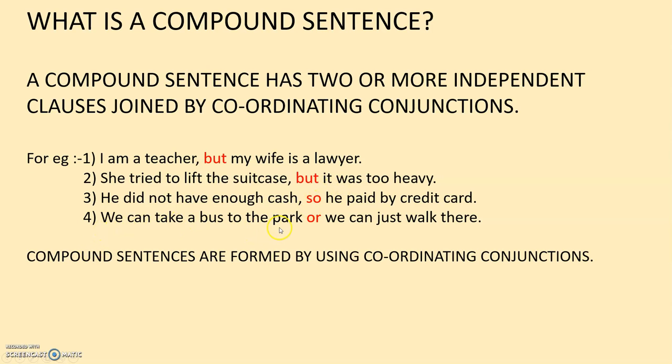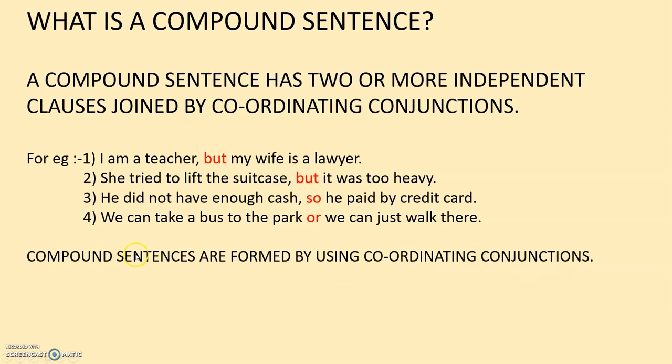We can take a bus to the park. It makes sense? Yes, independent. Or we can just walk there. We can just walk there also makes sense by itself. So independent clauses joined by a coordinating conjunction. What is the coordinating conjunction? Or. Okay, so compound sentences are formed by using coordinating conjunctions.